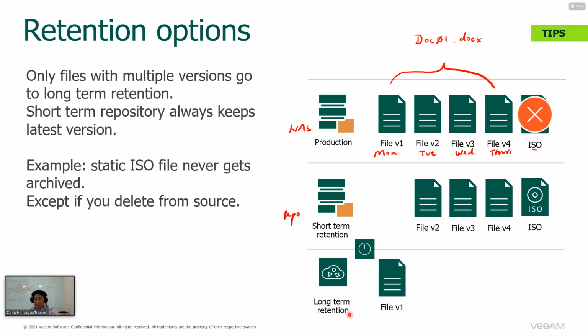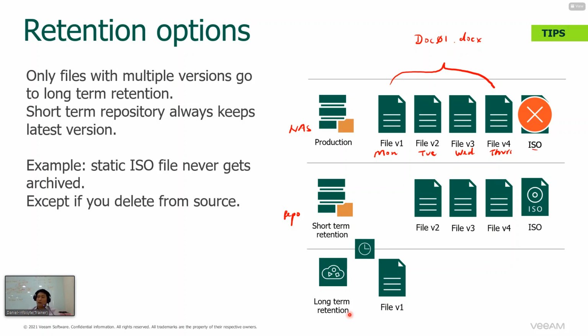Once I delete the ISO file, for example, in the production NAS, then it will be a different case. Deletion is also considered a change. So once the data gets deleted in your NAS storage, then the ISO file will start to get expired too, because this ISO file in the latest NAS storage is considered gone.